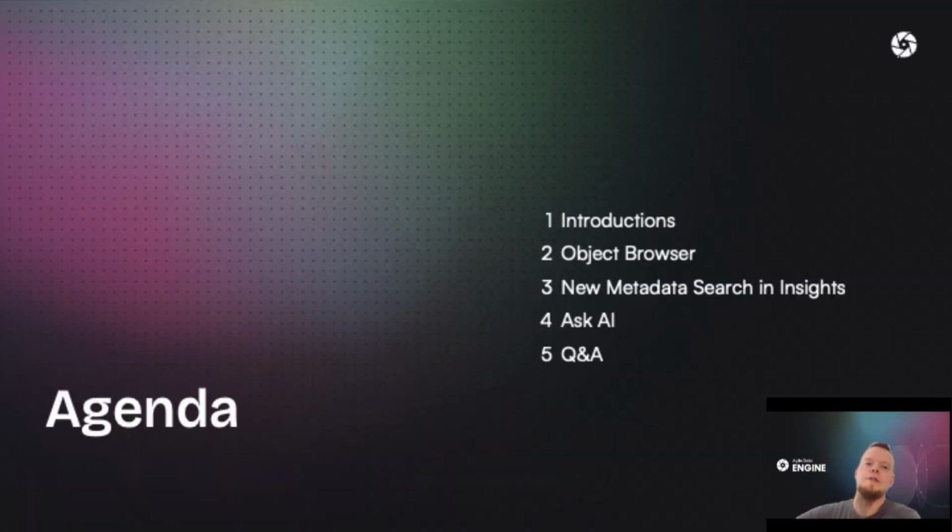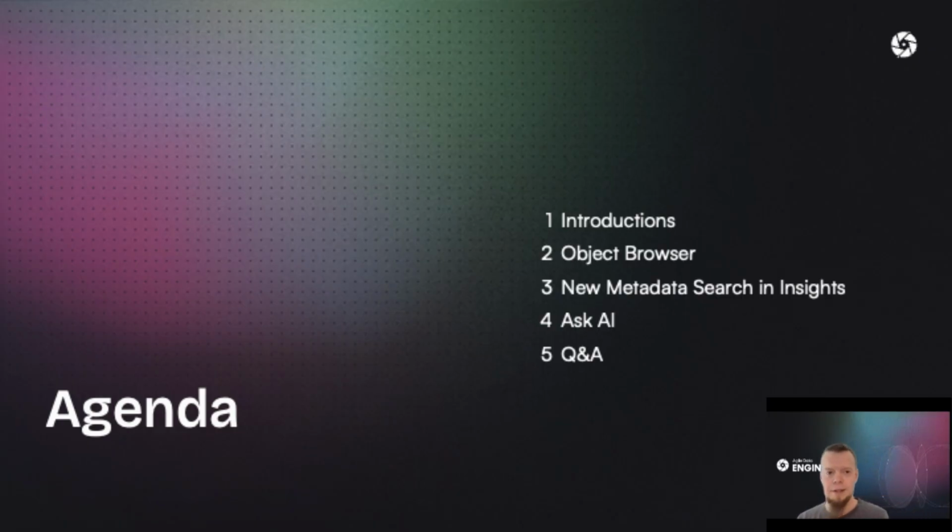Today I'm going to walk through a few new functionalities in ADE, which are basically the object browser, the new metadata search in Insights, and Ask AI, the new feature of chatting with ADE metadata with natural language.